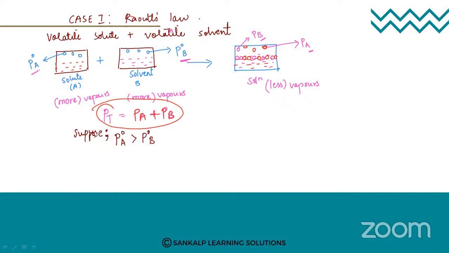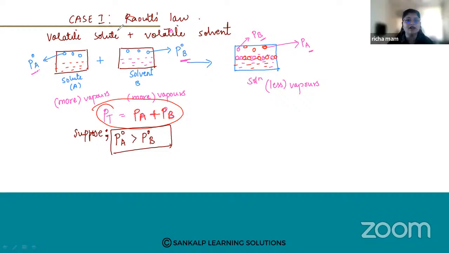You could also take P naught B greater than P naught A; you can take any one condition. I'm taking P naught A greater than P naught B. This means that the solute is more volatile. What I am supposing is that both the solute as well as the solvent are volatile.